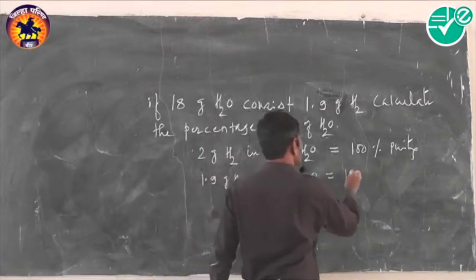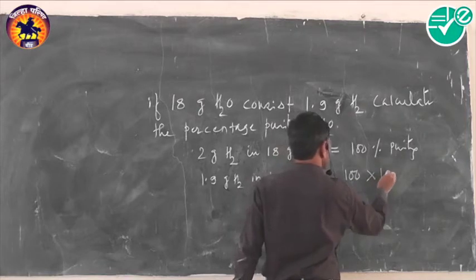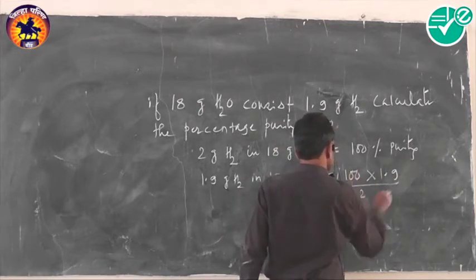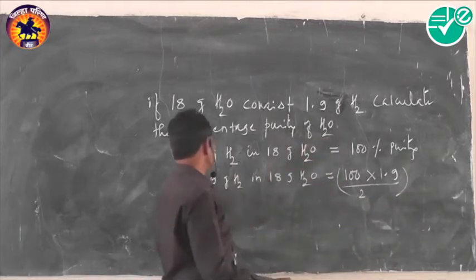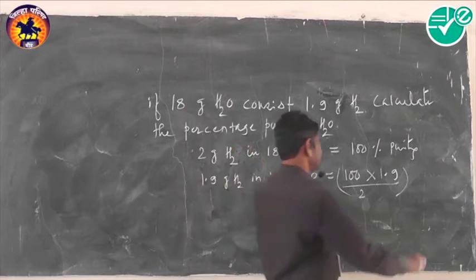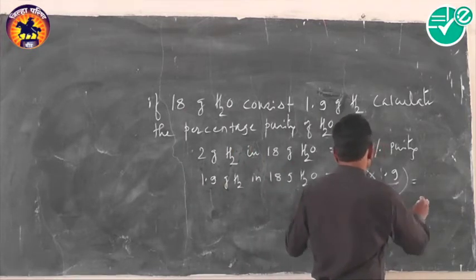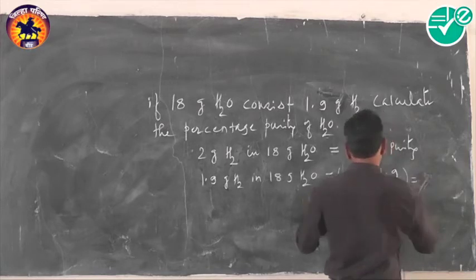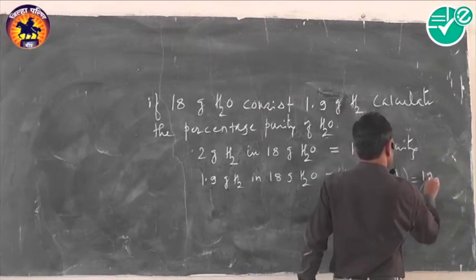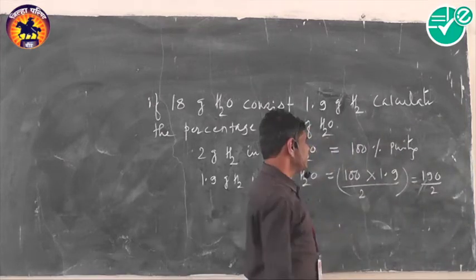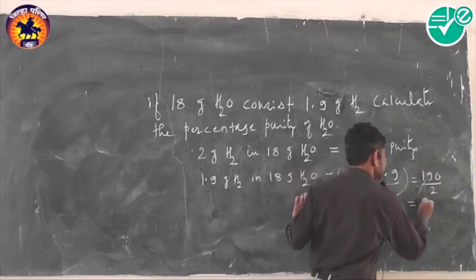That is equal to 100 multiplied by 1.9 divided by 2, which is 190 divided by 2, that is 95.